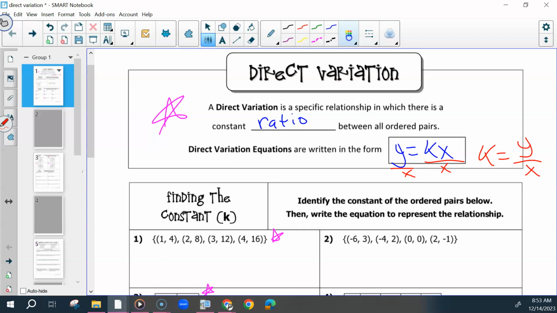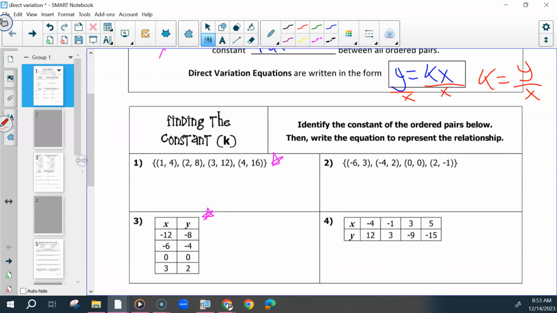When we're finding our constant k, also called a constant of proportionality, we're dividing y over x. If we divide these numbers and it is the same throughout, then you have a constant. It is k. It is direct. If it is not constant throughout, then it is not. So we're going to test that theory in some of these.